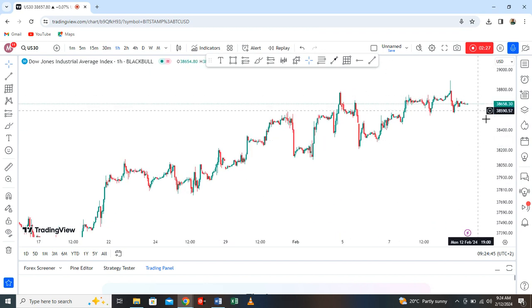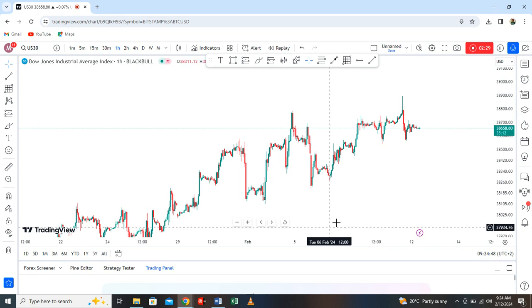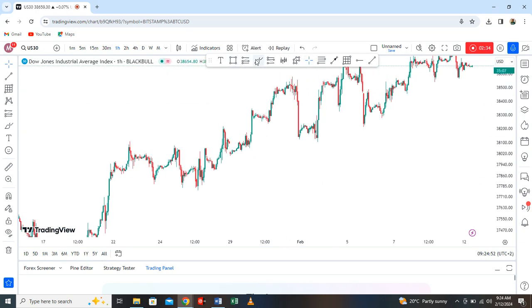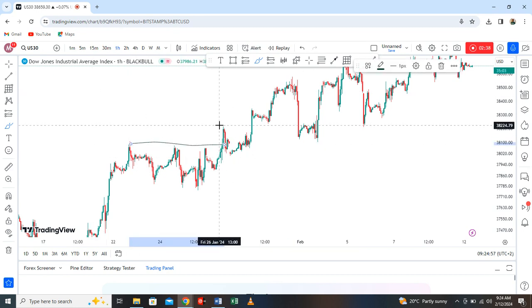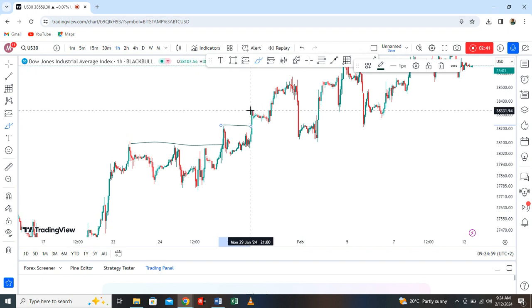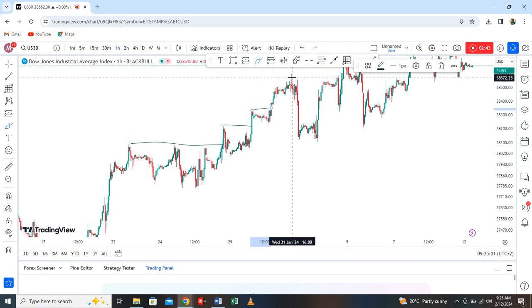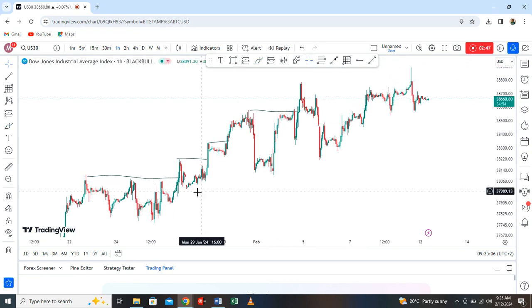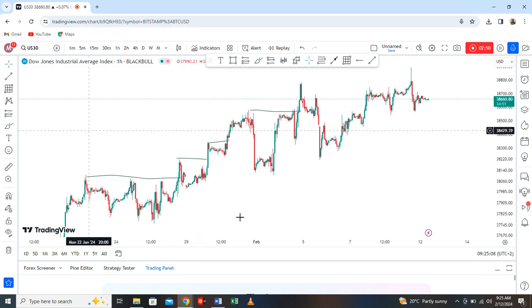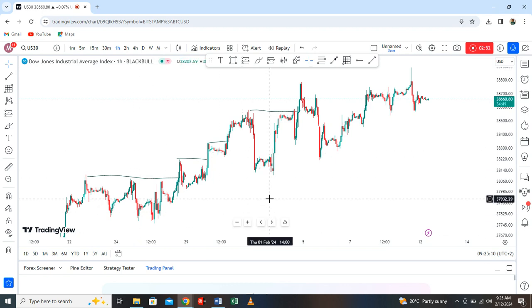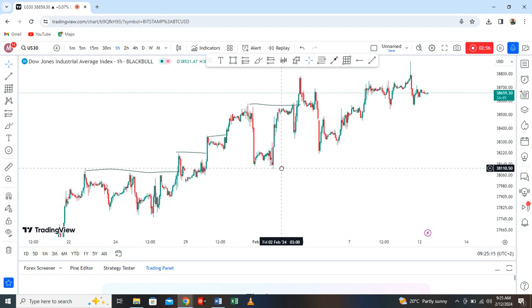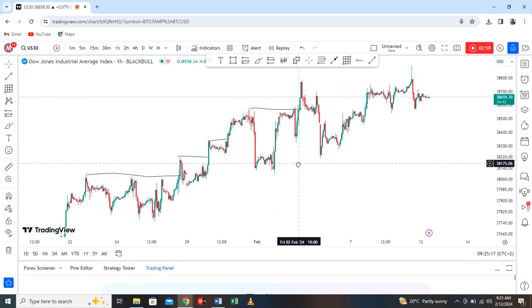You can see that price has been pushing to the upside, breaking those previous highs. Let me start my analysis here. We have a break of structure here, break of structure, break of structure, break of structure. By that we could see that previously the price has been coming to mitigate those left order blocks, but remember that the price is not going to mitigate every order block that it left.